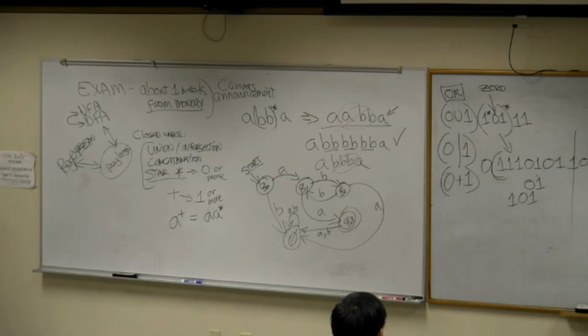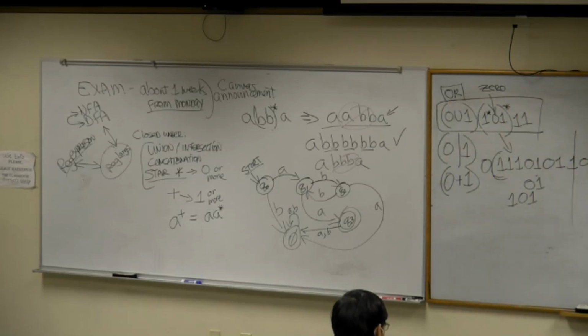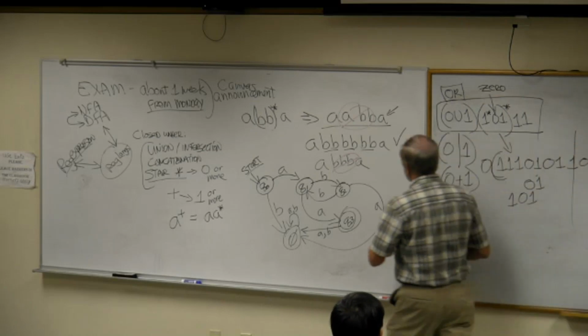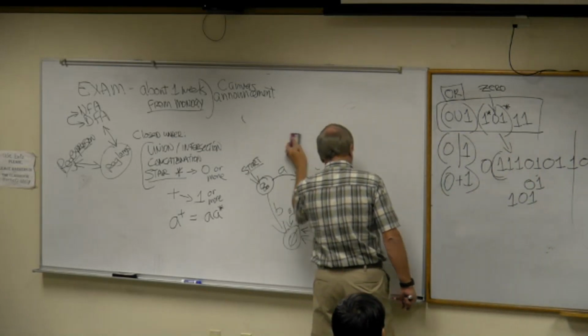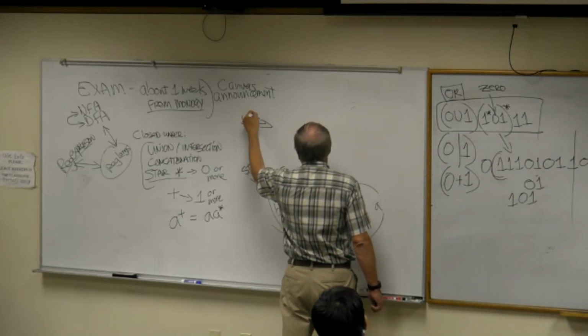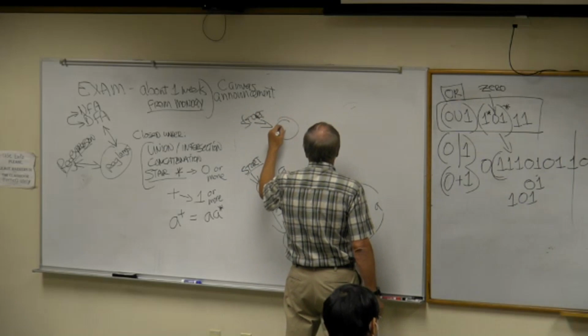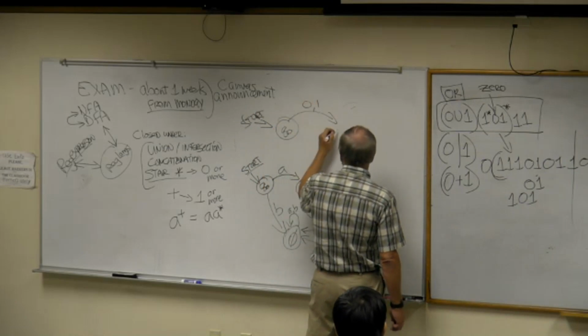Yes, we can. All right, a 0 or 1 is required, so we have to have at least one character there. And then optionally, we can take a trip around to do this thing or not. And then we need a 1. That'll get us to our end state.